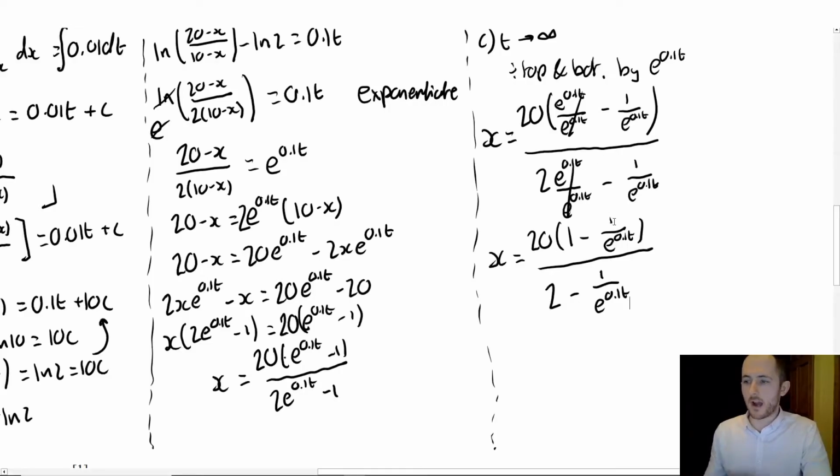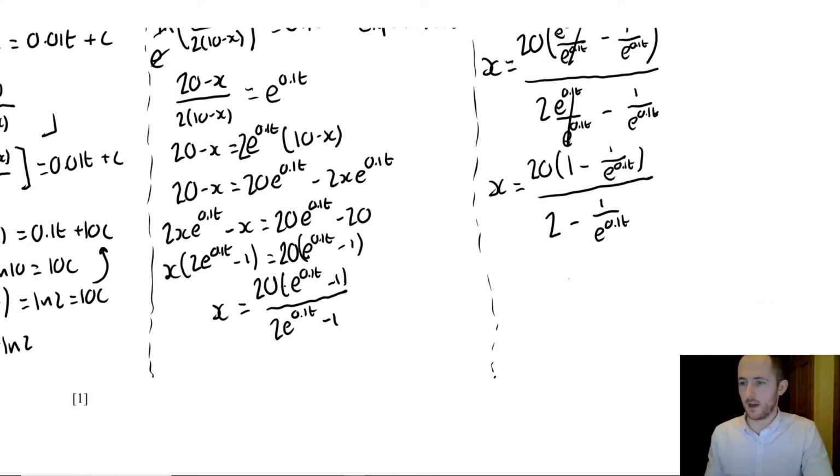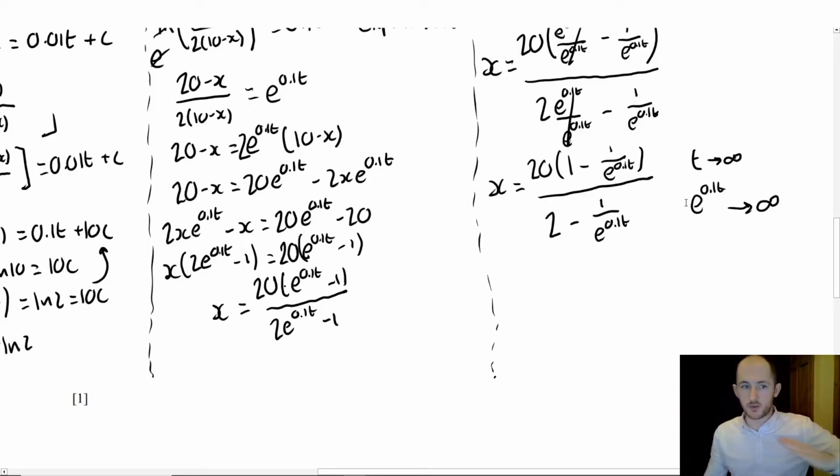Now, if I make t approach infinity, then e to the 0.1t also becomes infinitely large, right? Because as t increases, this power increases. If it's a positive exponential, it's just going to keep going up and up. Now, if you notice, I have 1 over e to the 0.1t.